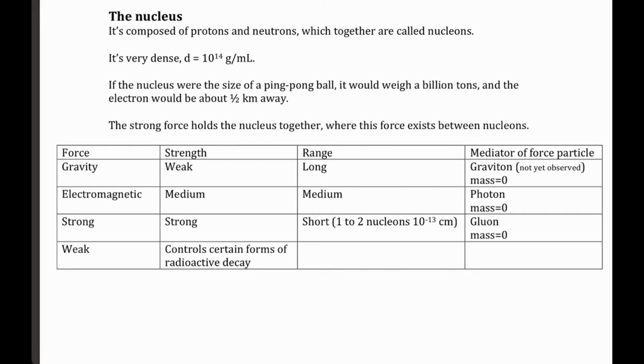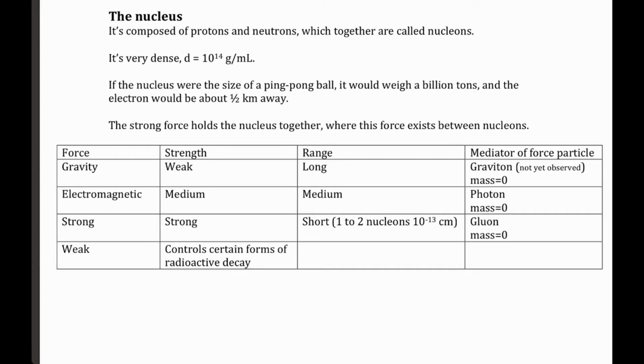The electromagnetic force describes the force of attraction of opposite charges, or you could say north and south poles of magnets. In comparison with gravity and the strong force, it has a medium strength and a medium range. The strong force is the one holding the nucleons together in the nucleus.